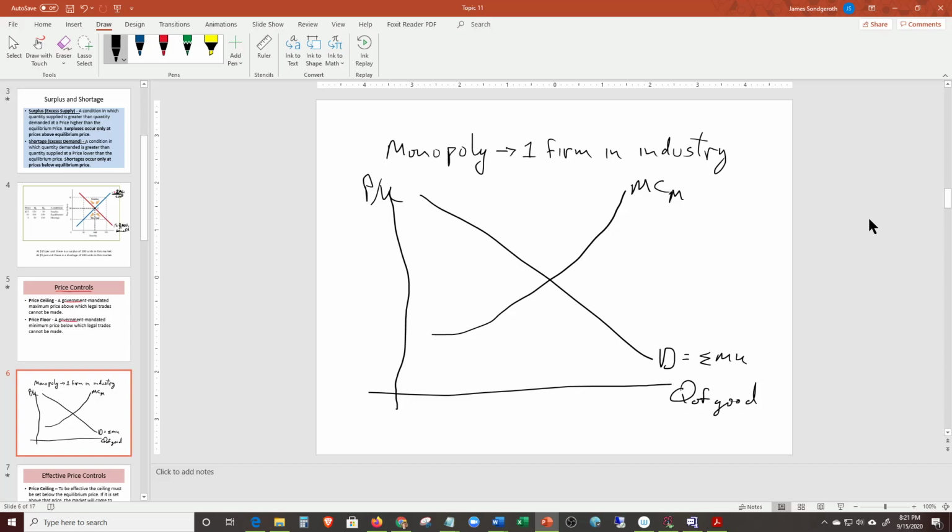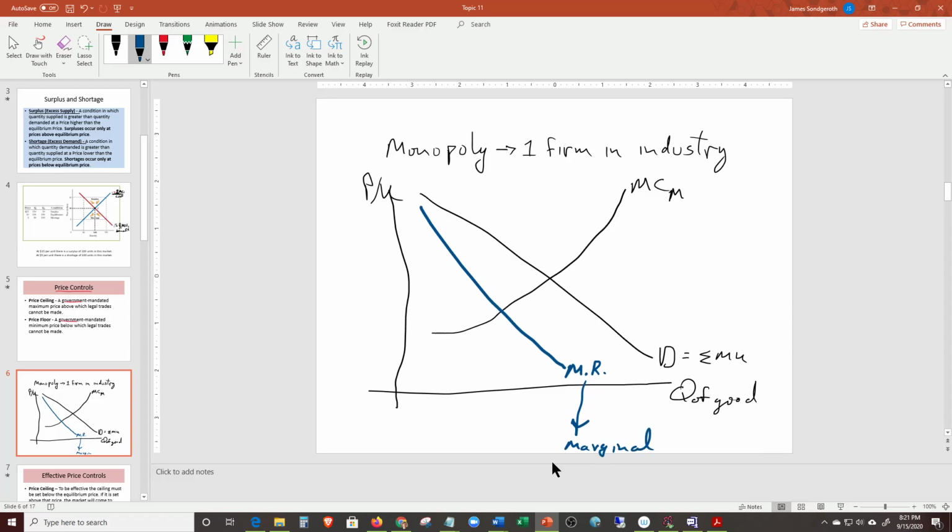And the other thing we need here for micro theory is marginal revenue.